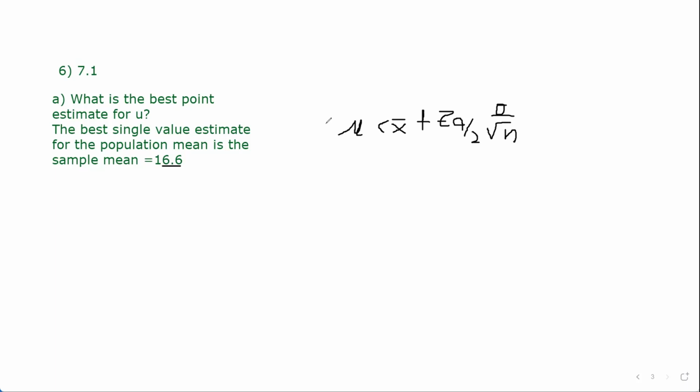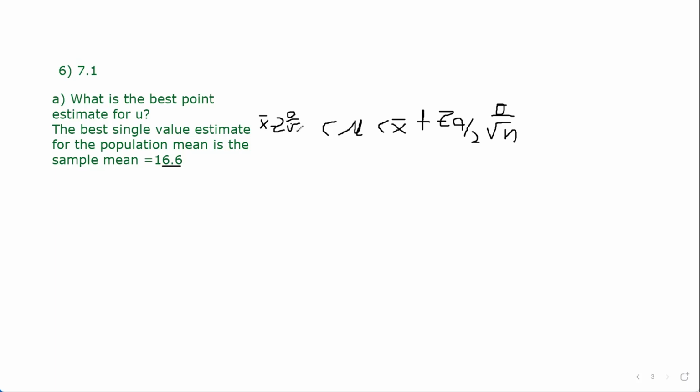So this is just X bar minus Z sub alpha over 2 times sigma over the square root of n. This is the same thing on both sides.